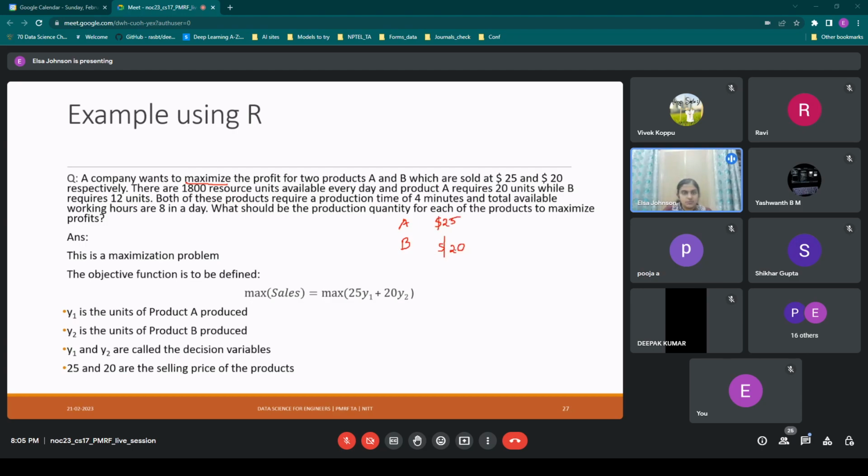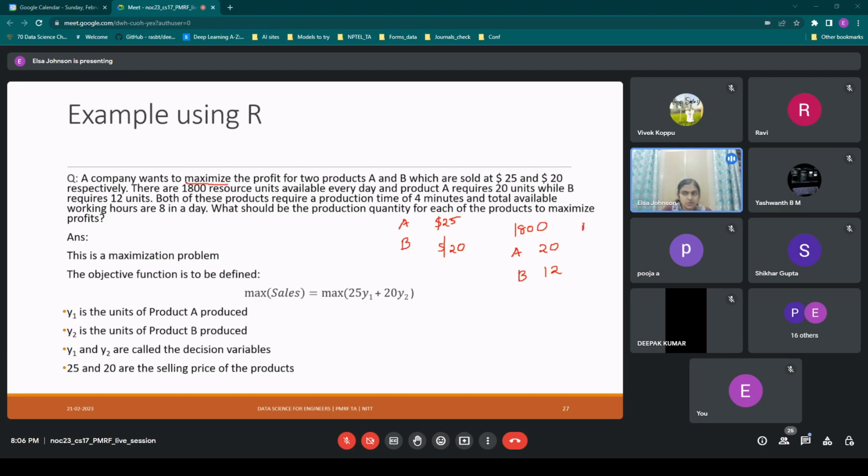There are a total of 1800 resource units available every day, and product A requires 20 units while B requires 12 units. Both of these products require a production time of 4 minutes.